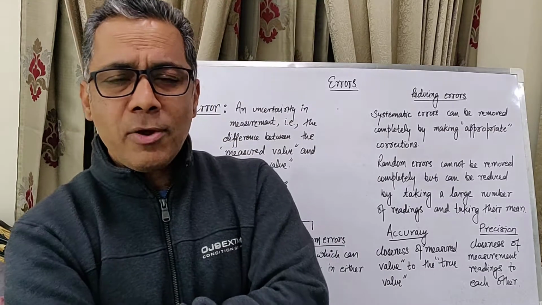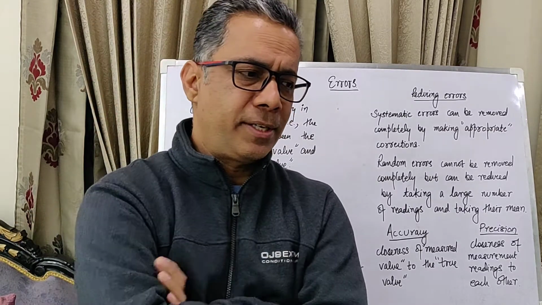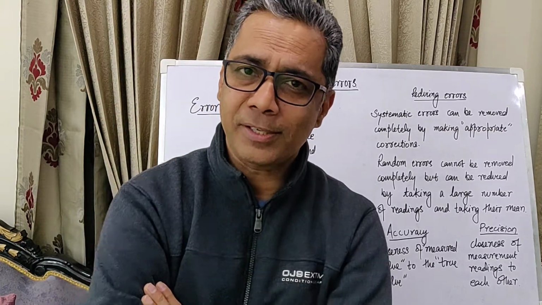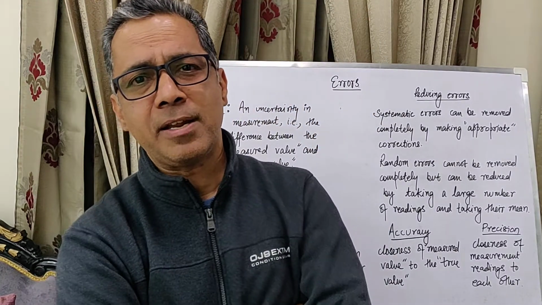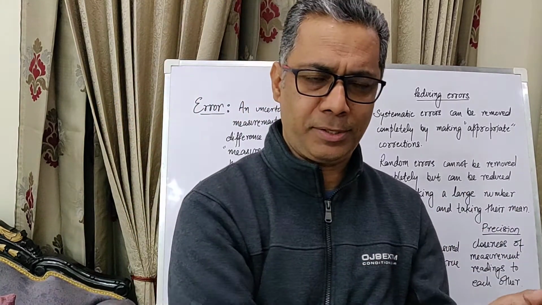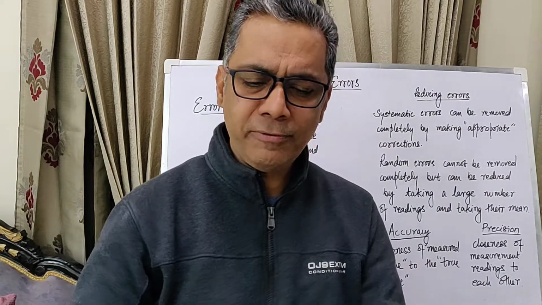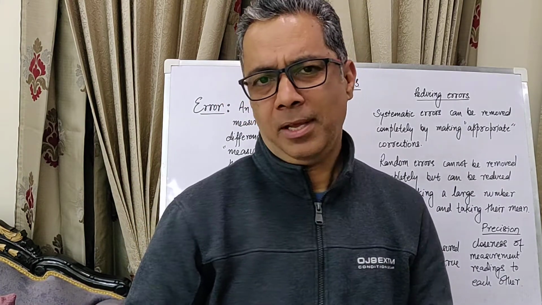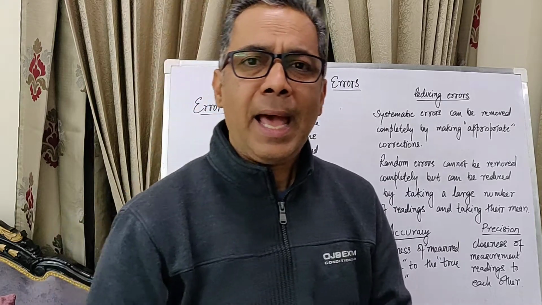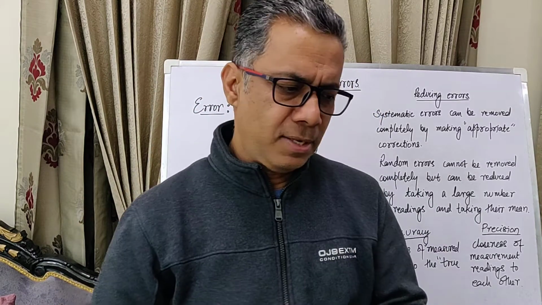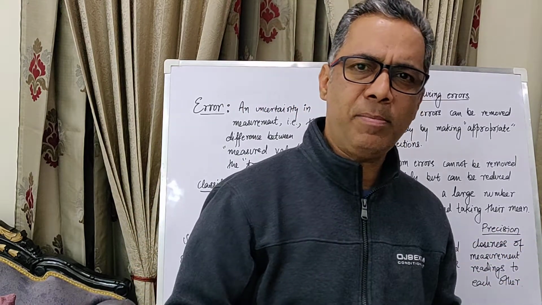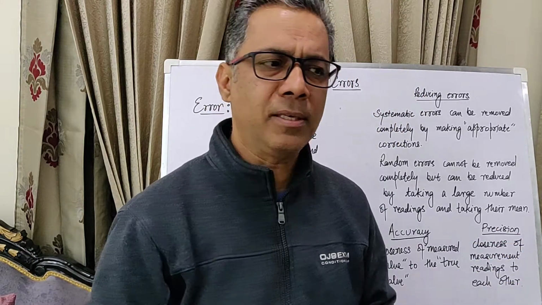Now comes the other category of errors, which are called random errors. Now, random errors are the kind of errors which can happen in both directions. So if you're taking lots of readings of some quantity, and while taking those readings, what we observe is some of those readings are overestimates and some are underestimates.